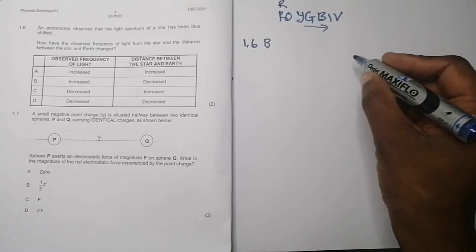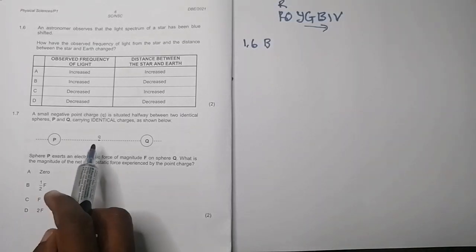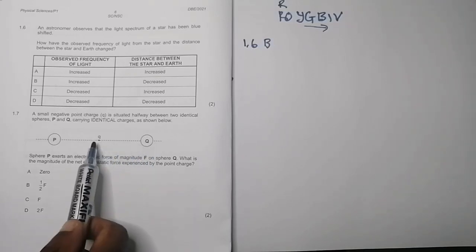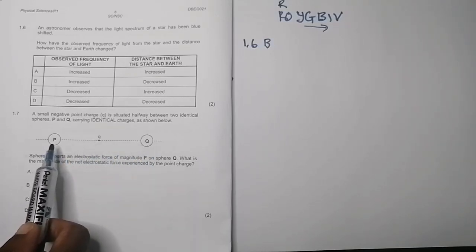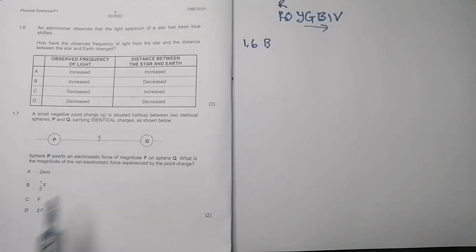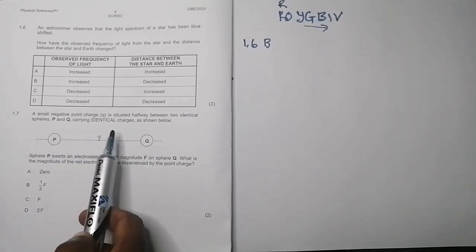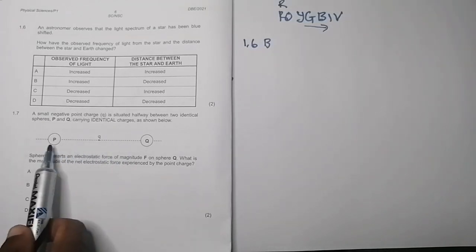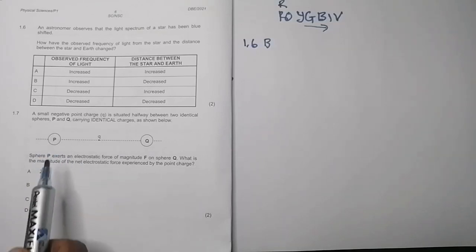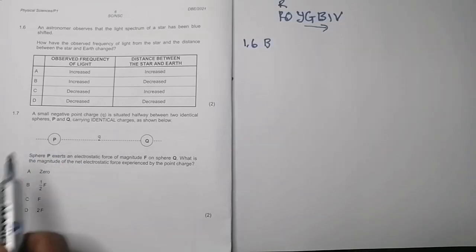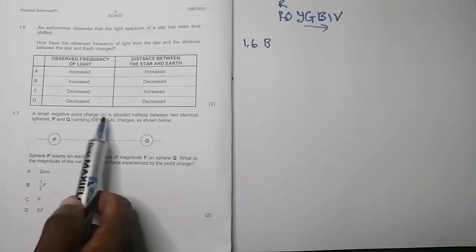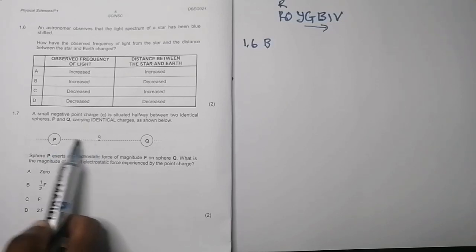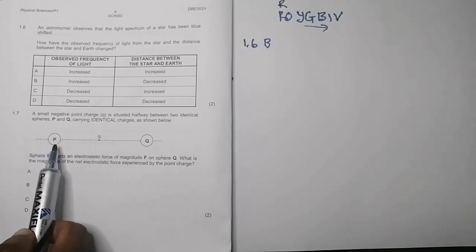If you think about it, that point charge experiences a force because of Q, and it also experiences a force due to P. But remember, P and Q have identical charges. Just for argument's sake, if P is positive, then it's attracting that small charge q towards itself.